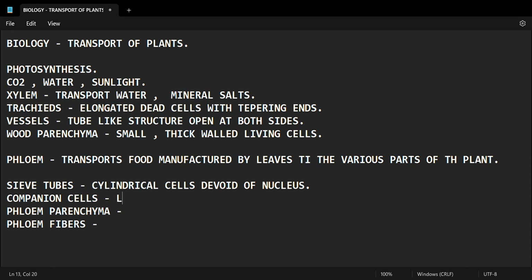Okay. Now, companion cells are living, thin-walled, elongated cells, and they are found attached to the side of sieve tubes.